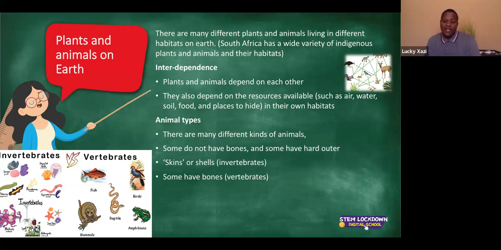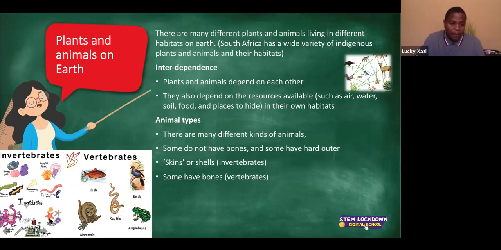Some have bones and some do not have bones. Animals with skin or shell, we call them invertebrates. And animals with bones, we call them vertebrates.